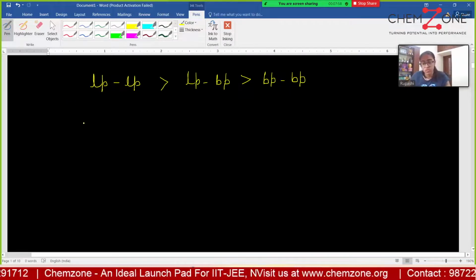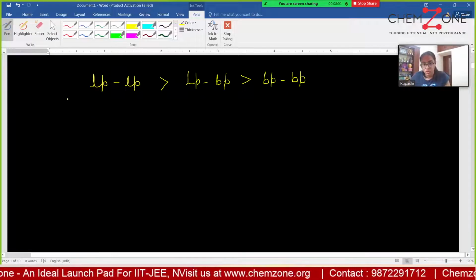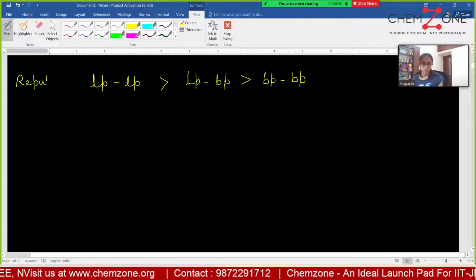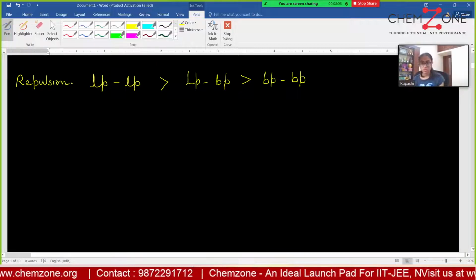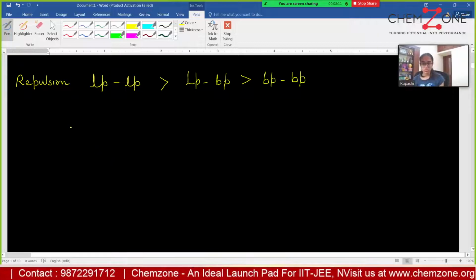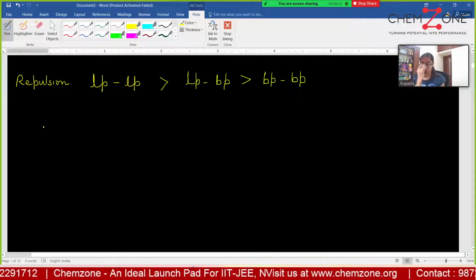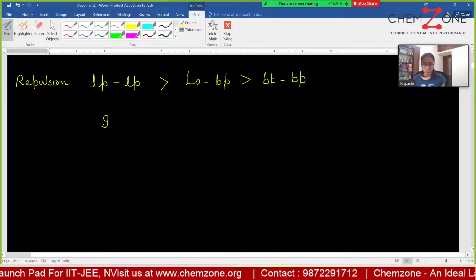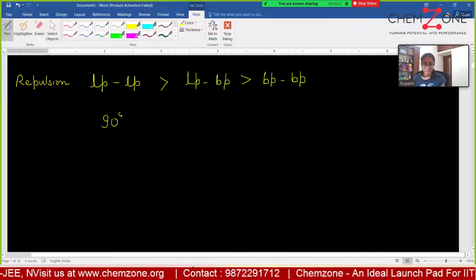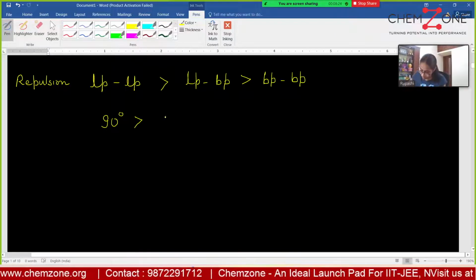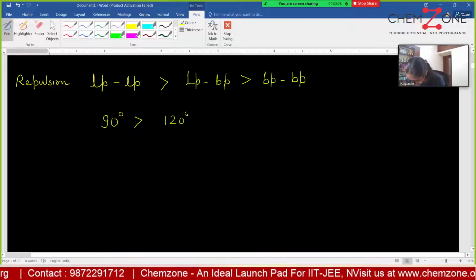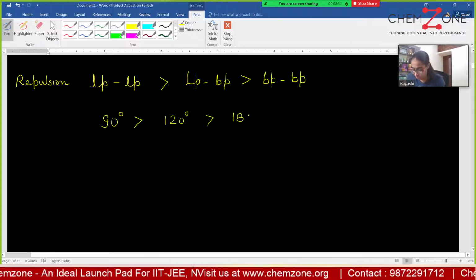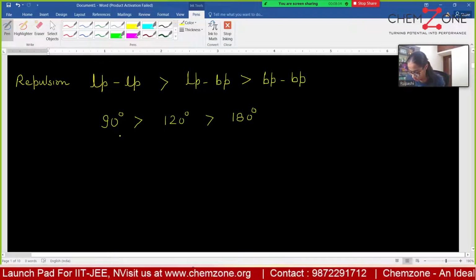The repulsion will be maximum when the two bond pairs are 90 degrees to each other. As the bond angle increases, when they push each other apart, the repulsion goes on decreasing.